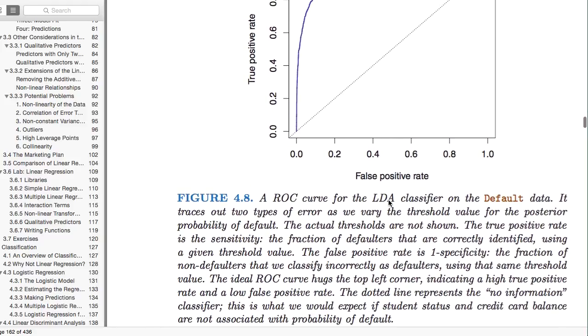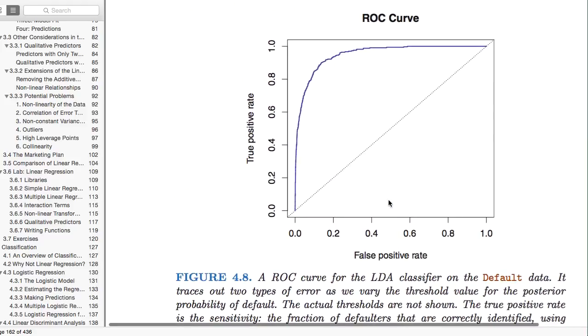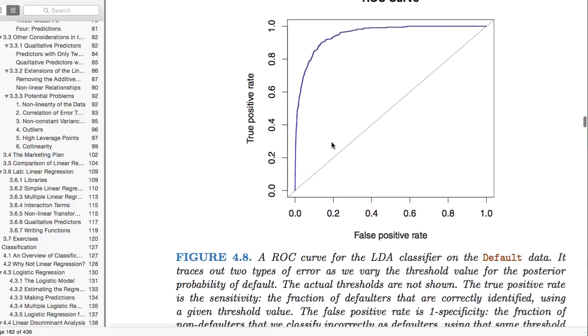So this is the no information line. This is what we would do if we had no information. The ROC curve for our model is this, and it's pretty good. A better ROC curve would be one over here, and a worse ROC curve would be one over here. The closer it gets to this straight no information line, the worse we're doing. The farther it gets bowed out from that line, the better we're doing.